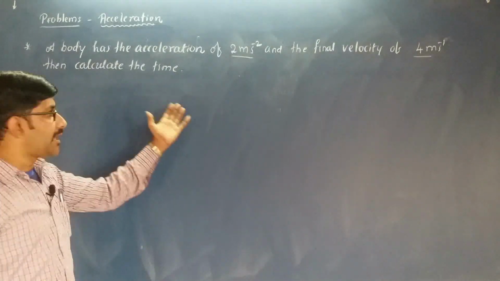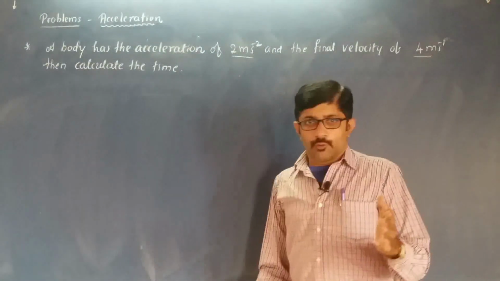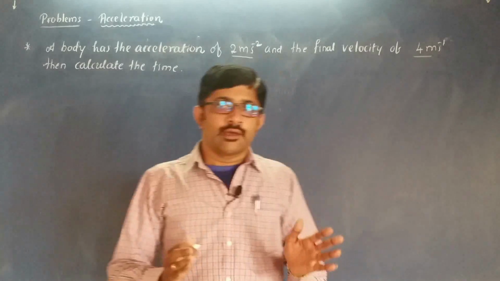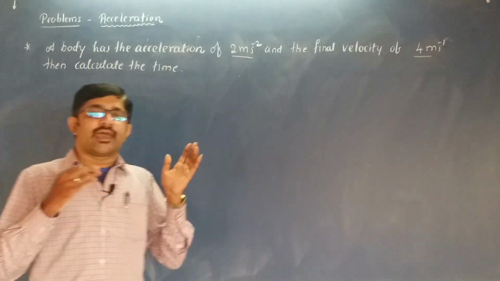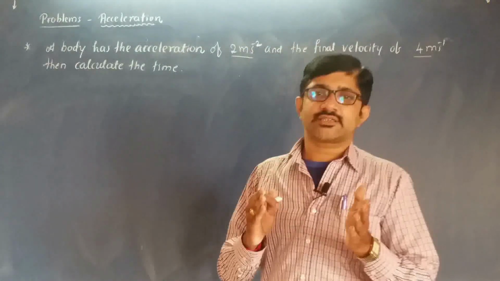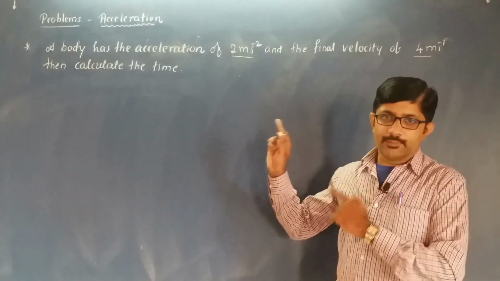Then find the time. Till now, in the two problems, we talked of acceleration only. Here in this problem we have acceleration and the final velocity given. Therefore, you are asked to calculate what will be the time taken by the body.